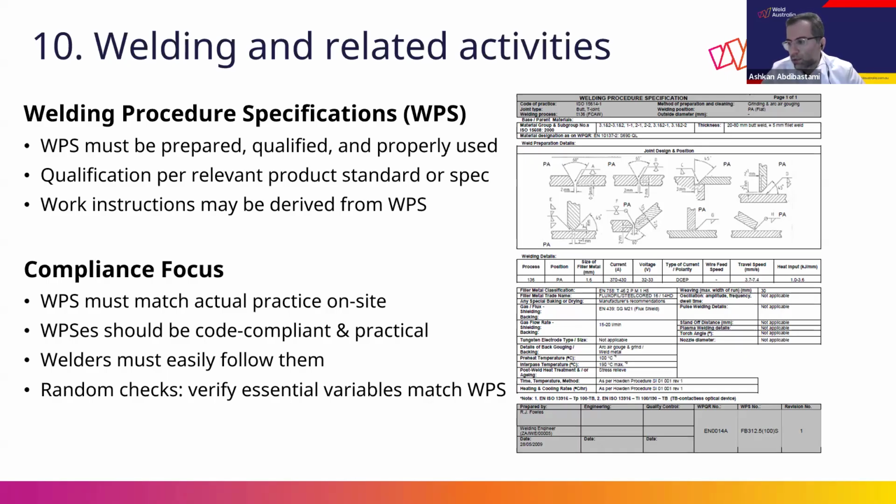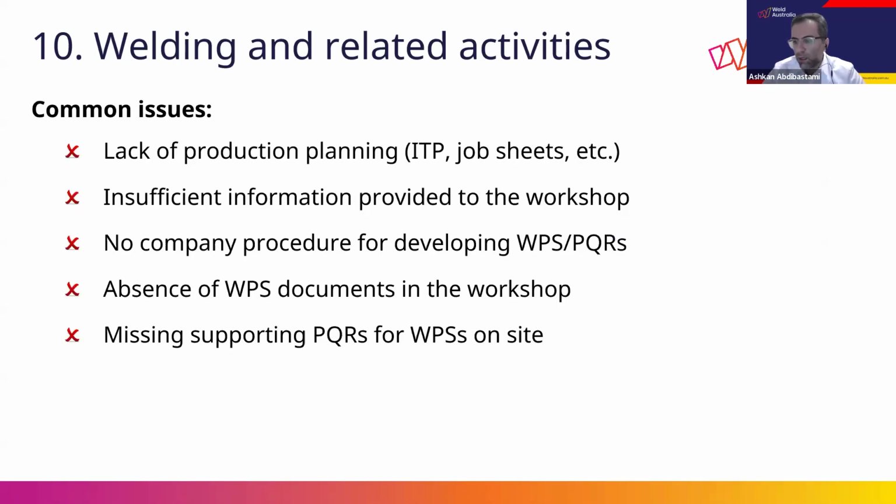Random checks during the audit verify that the welding variables match the qualified procedures during the site visit. Common issues in Clause 10 include no production planning, missing shop floor information, no procedure available for developing WPS and PQRs, I mean a company procedure, and WPS or PQR documents not available in the workshop. That's another common issue that happens.